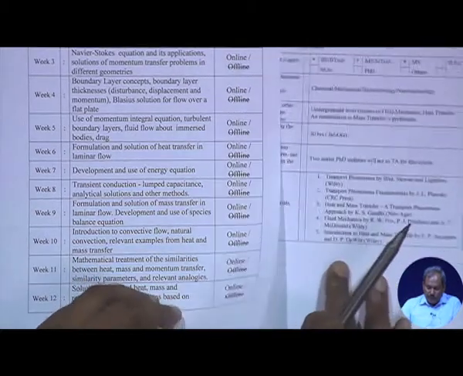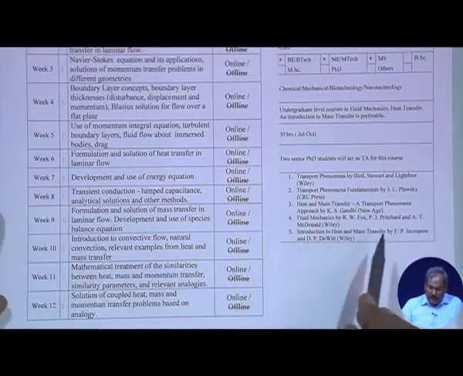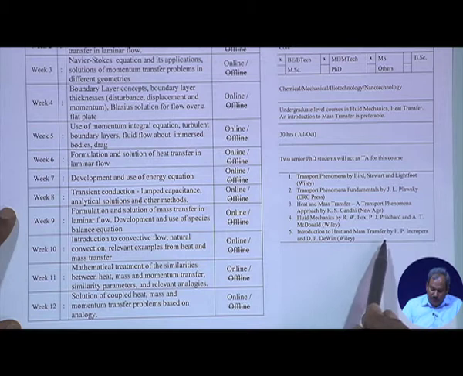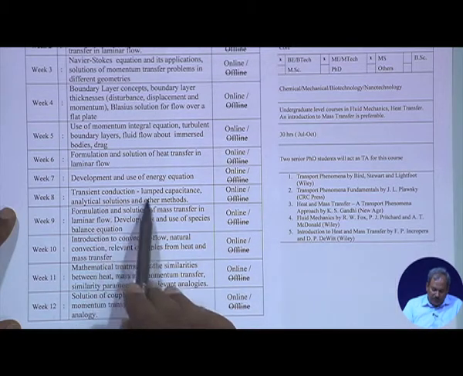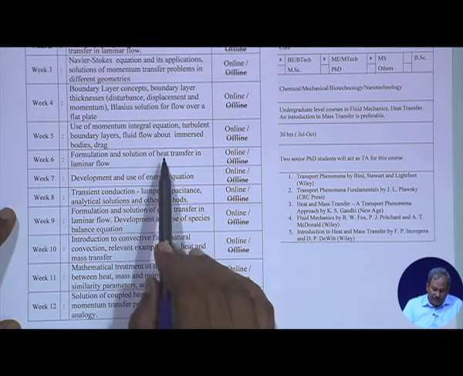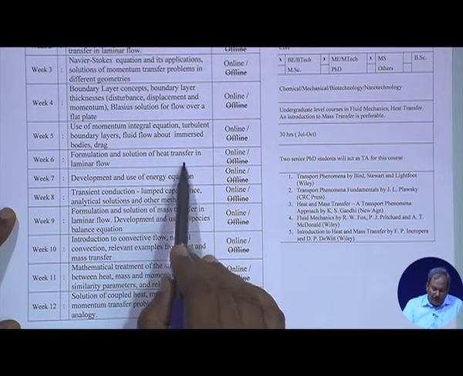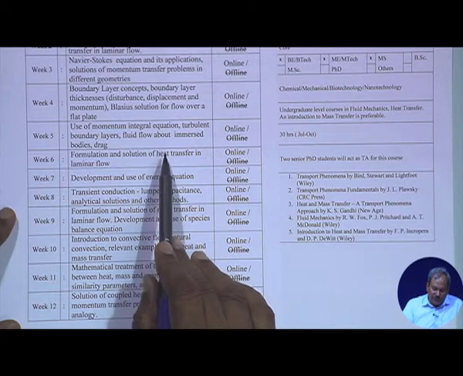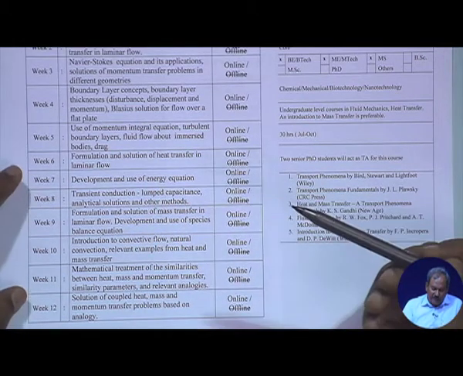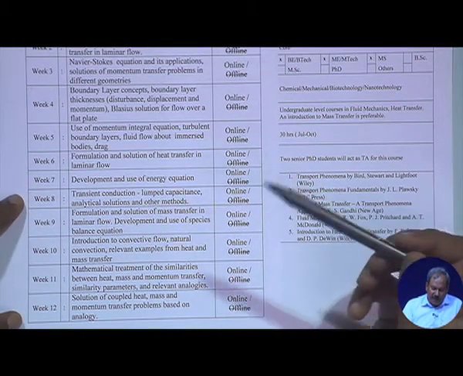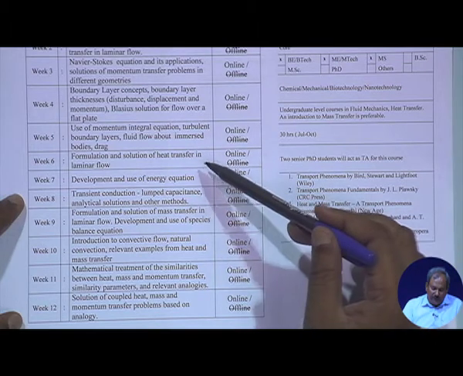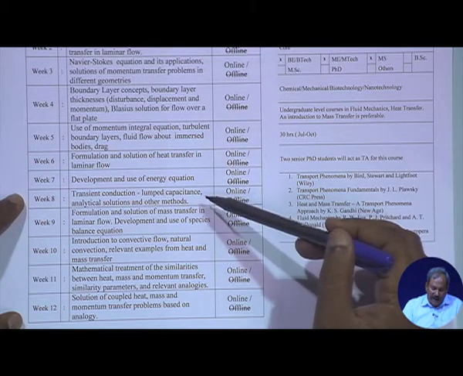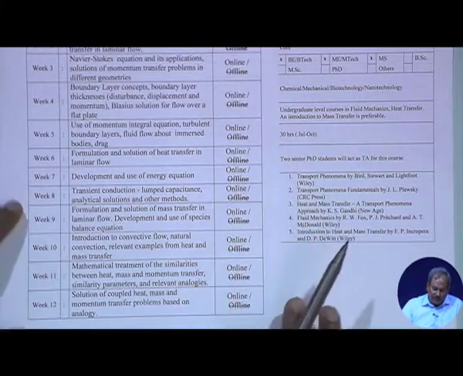So, the Incropera and DeWitt, that book we have used definitely for transient conduction, but for formulation of heat transfer and energy equation we have covered from Bird-Stewart-Lightfoot. So, weeks 6, 7 and 8 are from two books, Bird-Stewart-Lightfoot and Incropera and DeWitt.